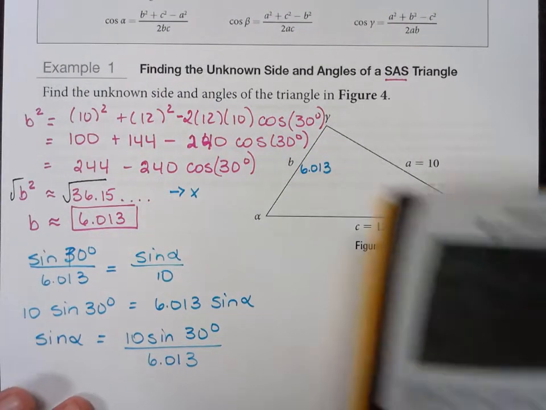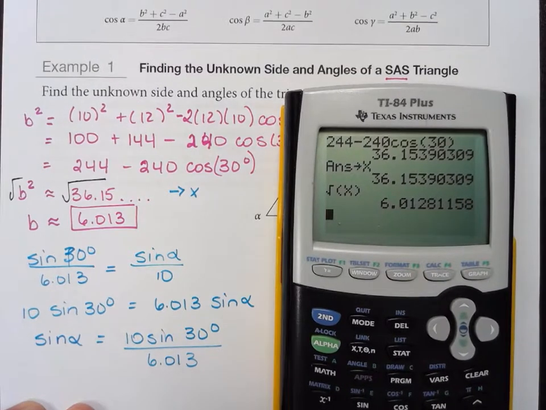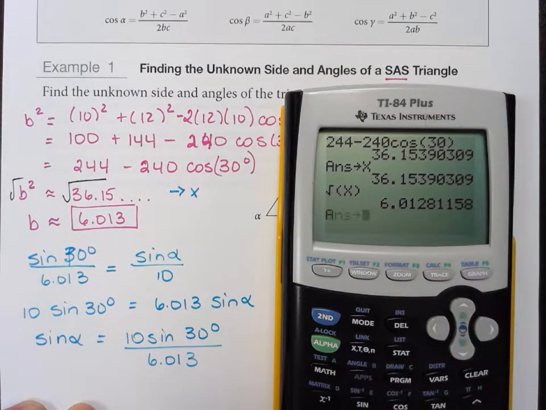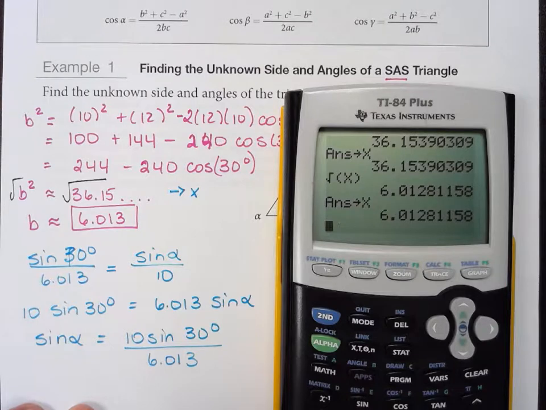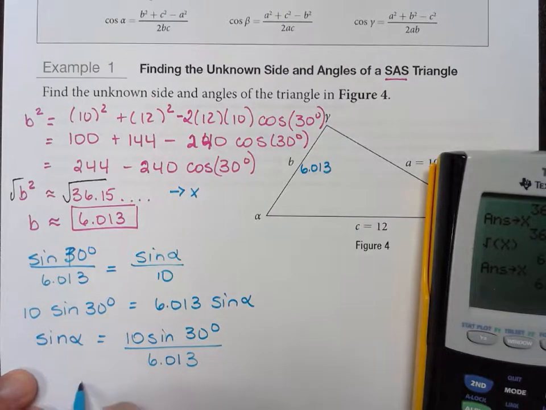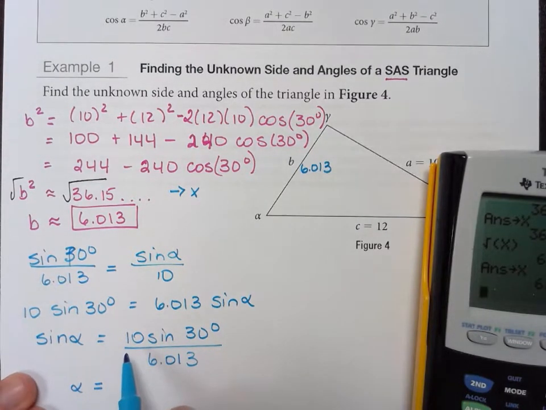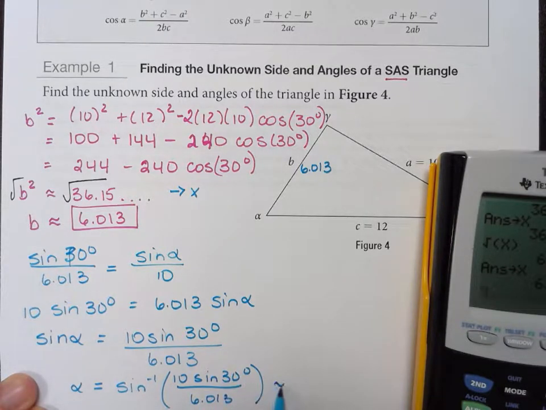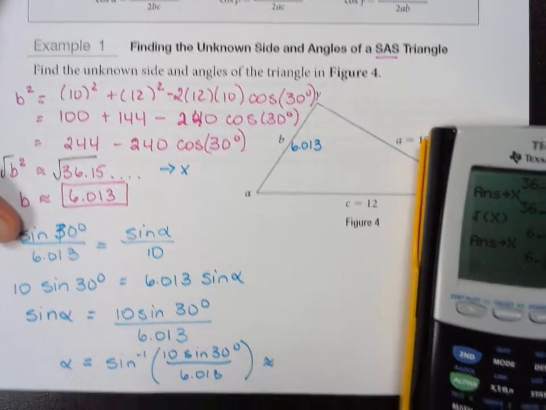Alright, so what I'm going to do now is I'm going to store this over what I already had in x. Notice I haven't taken anything out of my calculator yet. So alpha is actually, you remember you take the arc sine or the inverse sine of both sides. So it's equal to inverse sine of all of this. And we should get an approximation here.